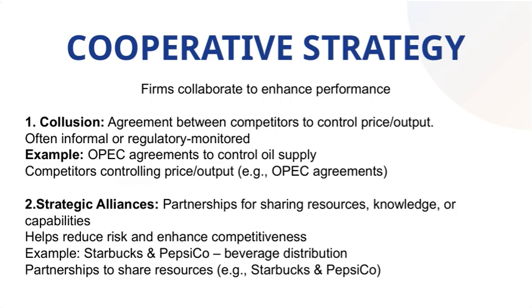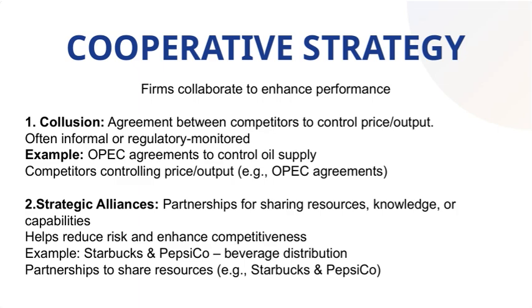The second form of collaboration is strategic alliances. Unlike collusion, these are partnerships where companies share resources, knowledge, or capabilities to achieve mutual benefits. This approach helps reduce risks and boosts competitiveness. For instance, Starbucks and PepsiCo have a strategic alliance focused on beverage distribution.